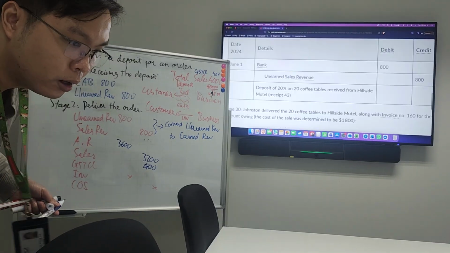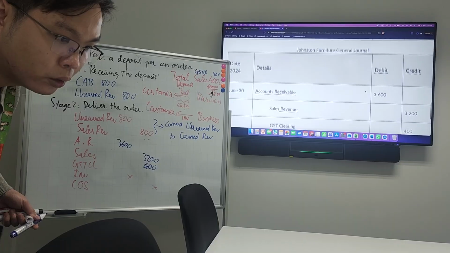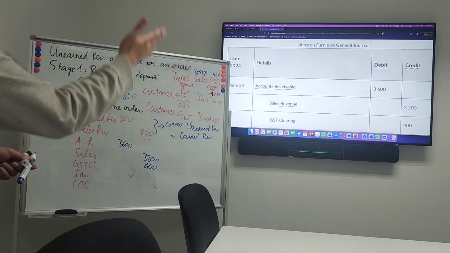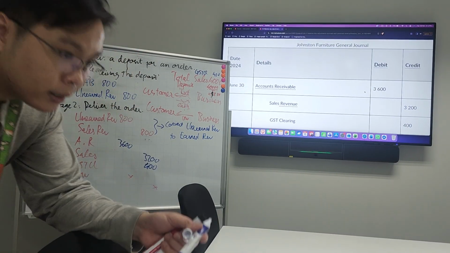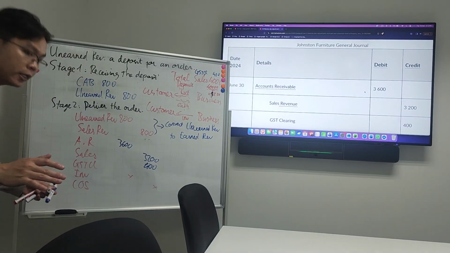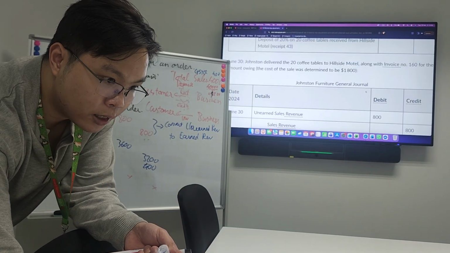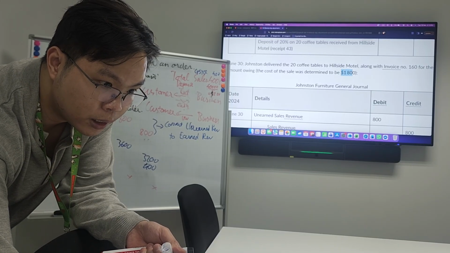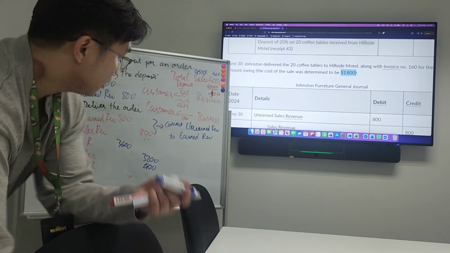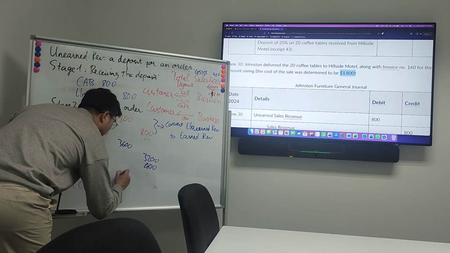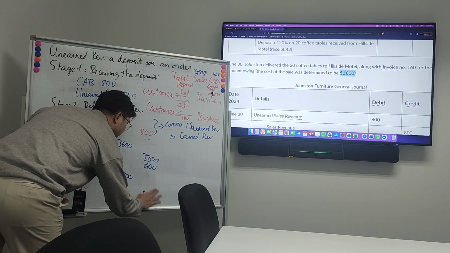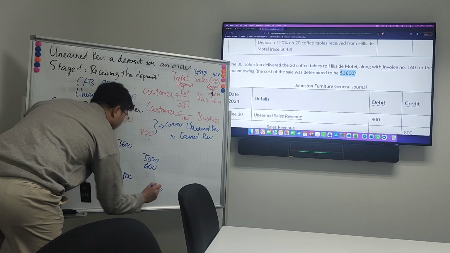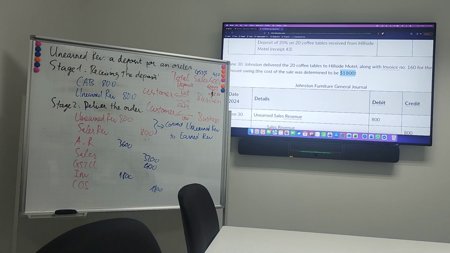Which is also the entries for this up here on canvas. Now, for inventory and cost of sales, it should be mentioned in the question. The cost of sales was determined to be 1,800. Therefore, you can immediately put the 1,800 in here. So these are the entries in stage 1.